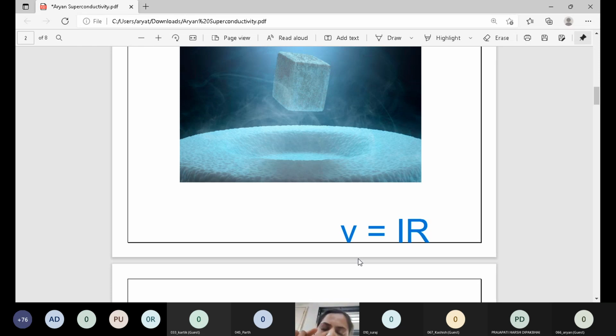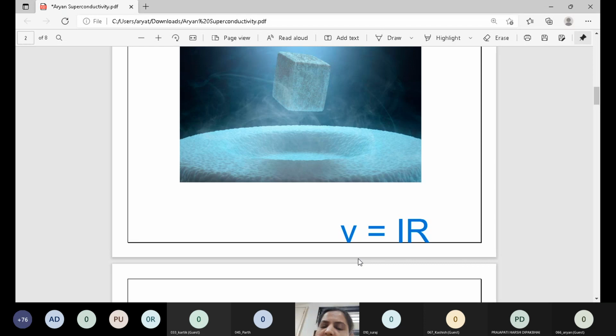But when we talk about superconductor, when temperature is less than critical temperature, the material shows superconductive nature. At that time, the material is not connected to any other component. It has its own loop form. We have to initiate current in that, either with the electric field or with the magnetic field.